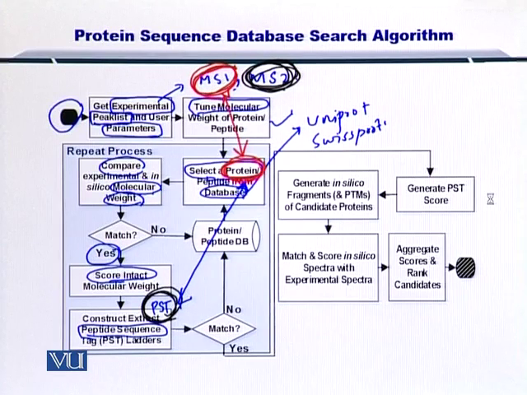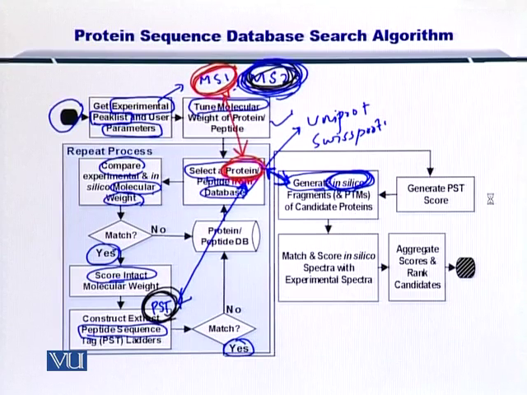Now, if these PSTs match, then what you do is you generate the in silico fragments of this protein. Once you have generated the in silico spectra, you can compare this in silico spectra with the MS2. If the in silico spectra also matches very nicely with the MS2 spectra, then you can be extremely confident that you have a good candidate protein.